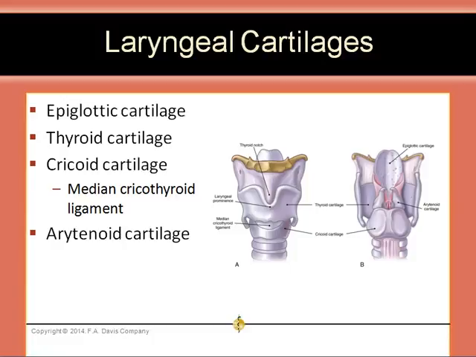The difference between a cricothyrotomy and a tracheotomy is that a cricothyrotomy is the incision of the skin and the median cricothyroid ligament for emergency entrance into the airway. Tracheotomy is the incision of the skin and membrane separating the cartilages of the trachea for emergency entrance into the airway.